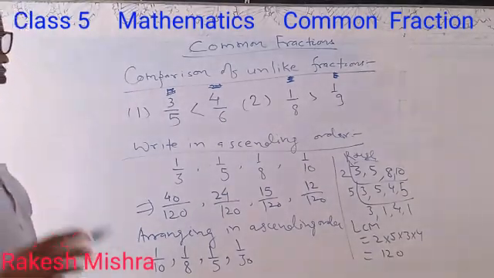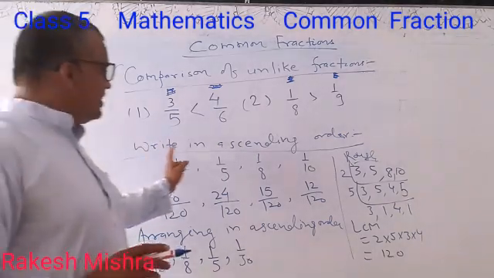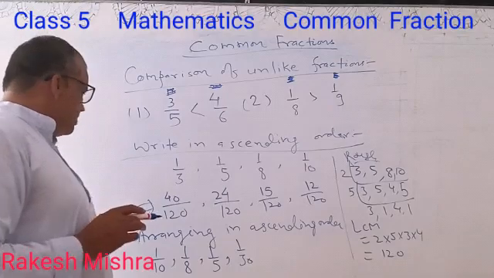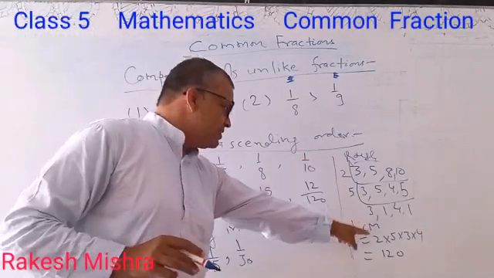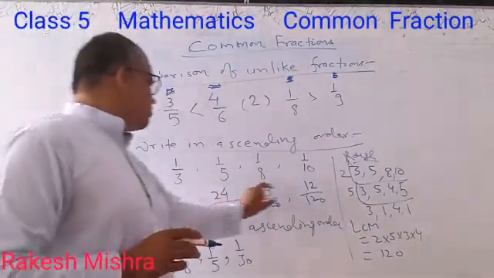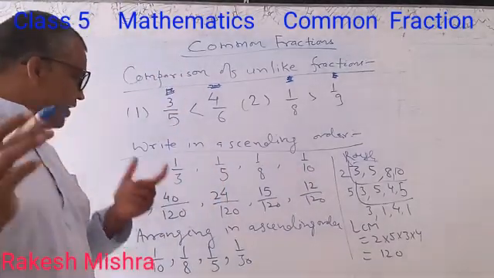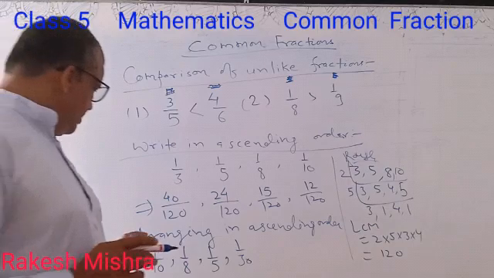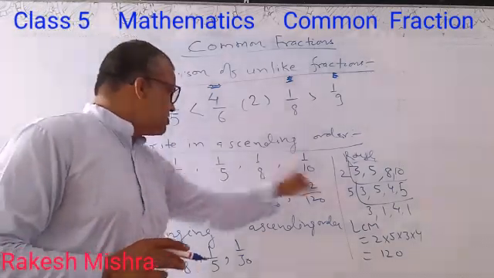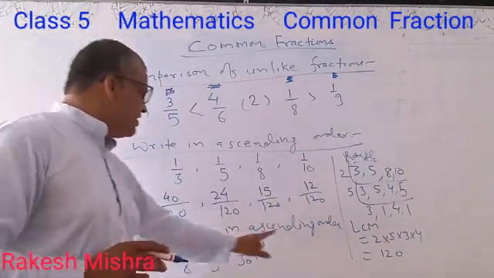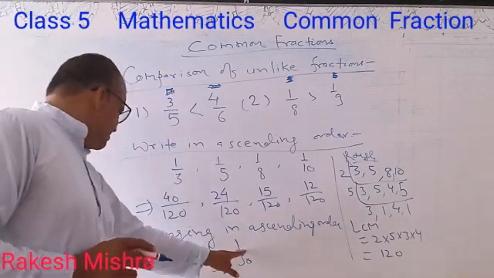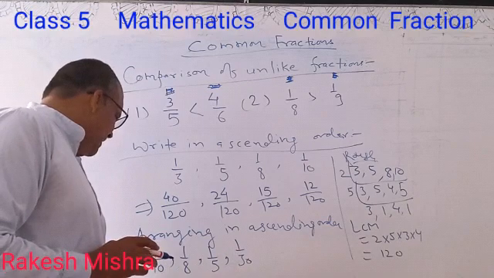If you have to arrange in descending order, then what will you do? This process will be the same. One thing will be different, what will that be? Now we write, after arranging in descending order, this will be written here.